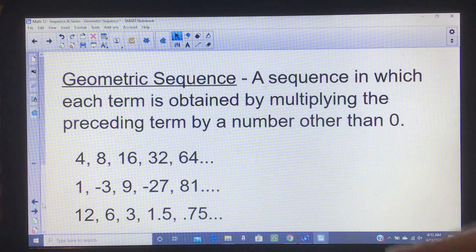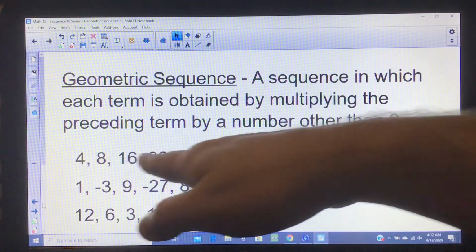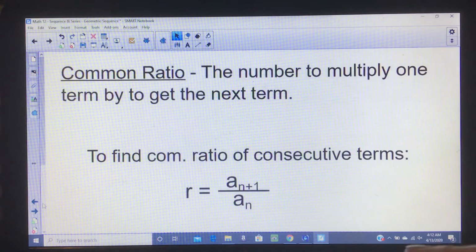So along with what we've done before, there are some patterns and some formulas we can come up with. So let's first talk about finding this special number. The special number that I've been talking about is referred to as the common ratio. So when we did the arithmetic sequence, it had something called the common difference.